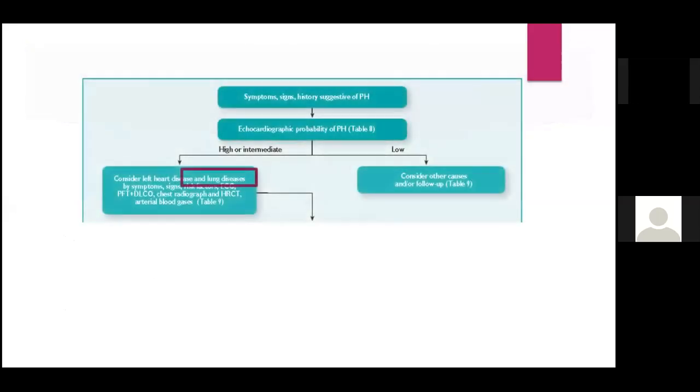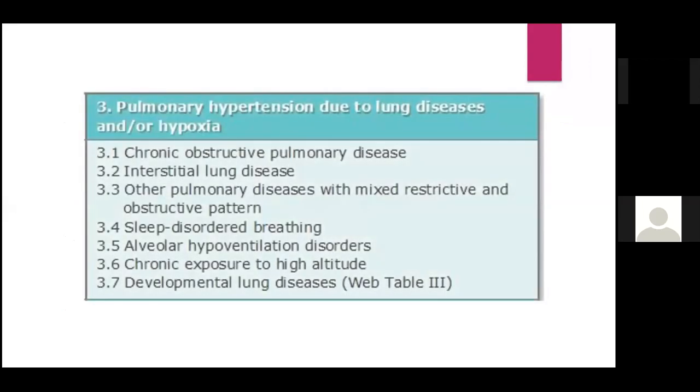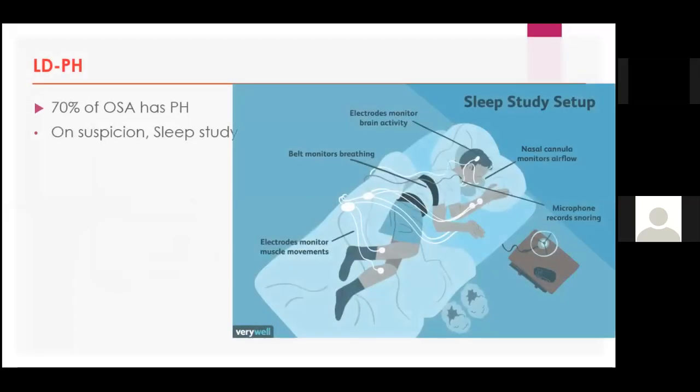If we go further in the algorithm, we should consider lung disease, and we should exclude it. There are many causes of lung disease, such as obstructive lung disease, restrictive lung disease such as interstitial lung disease, or obstructive sleep disorders. You should remember that if a patient has obstructive sleep apnea, 70% of them might have pulmonary hypertension, and you can do an investigation such as a sleep study.